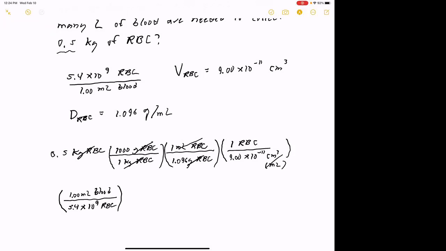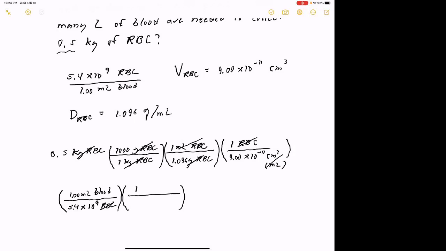That's my concentration. So notice what happened here. It let me go from number of red blood cells to a volume of blood. And that's ultimately where I need to go because I want to know how many liters of blood I would need, right? So I got to get there. So I'm in milliliters of blood now, but I need to go to liters of blood, don't I? That's what the problem asks for.